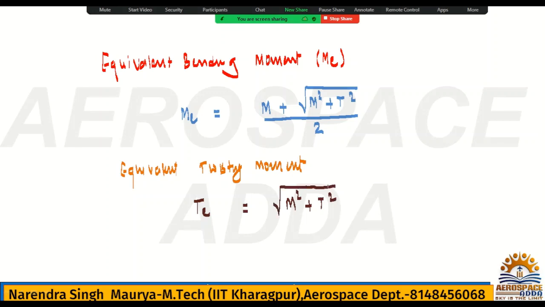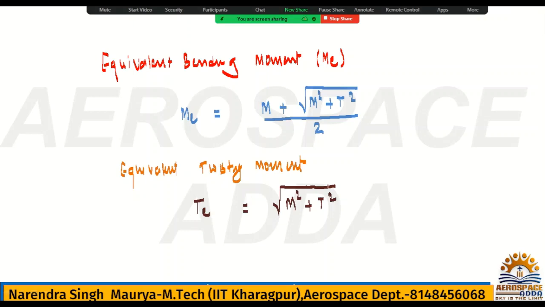So actually, any shaft which is subjected to both bending moment and twisting moment can be replaced by a single equivalent bending moment ME and a single equivalent twisting moment TE. So this is the final analysis when any shaft is subjected to both the bending moment and the twisting moment.